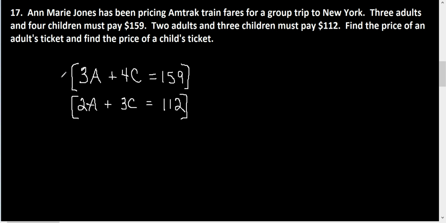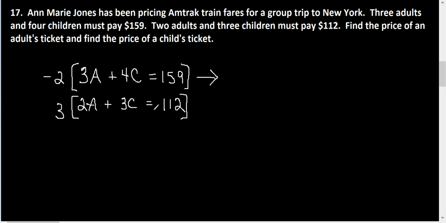So I'm going to multiply the top by 2, the bottom by 3, but then one of these numbers has to be negative. I'll pick the top one to be negative. Doesn't matter though.